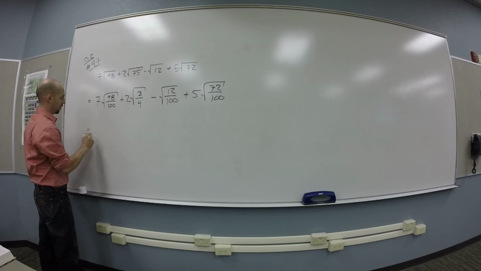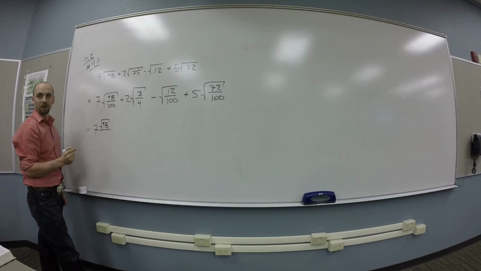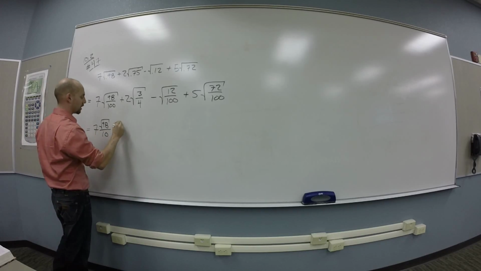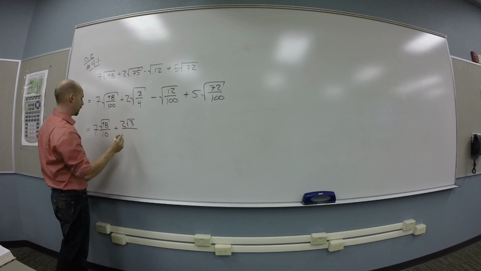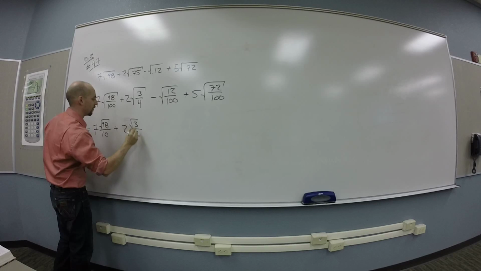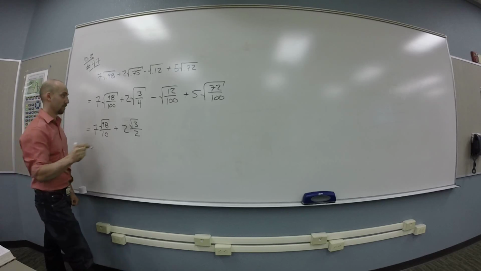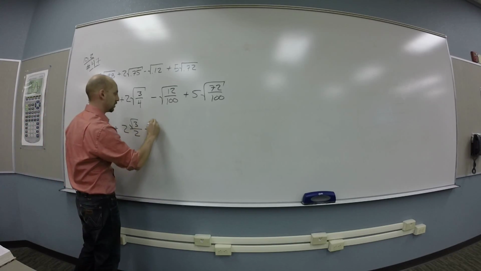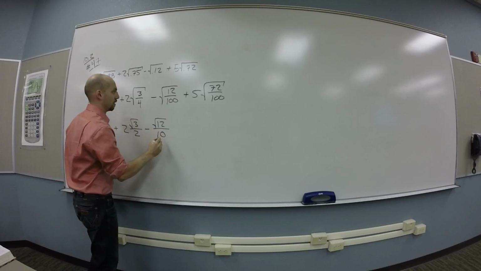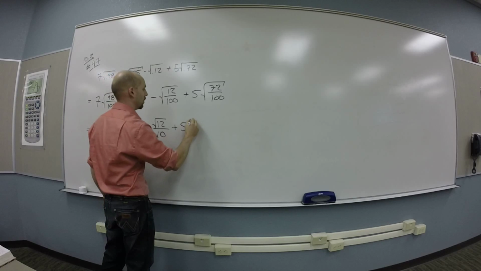So this is going to be 7 times the square root of 98 over 10, since the square root of 100 is 10, plus 2 root 3's over 2, minus the square root of 12 over 10, plus 5 times the square root of 72 over 10.